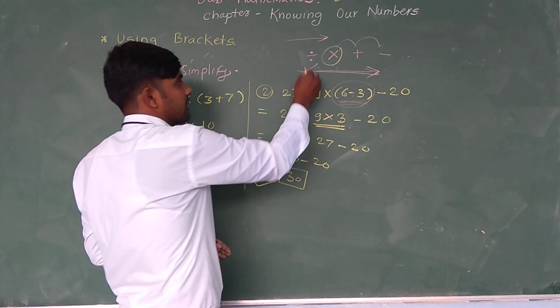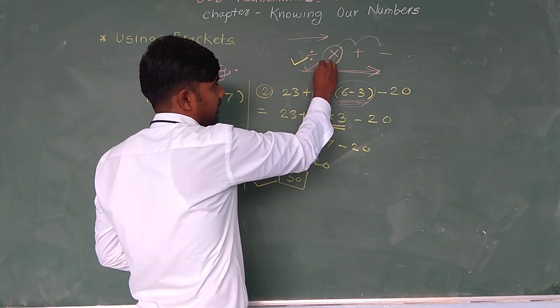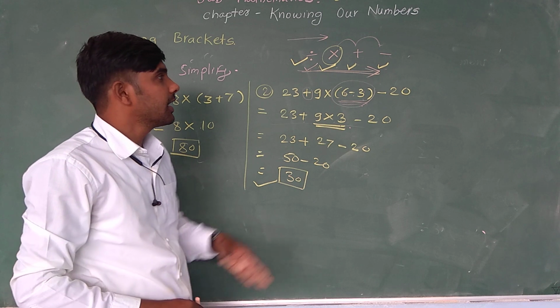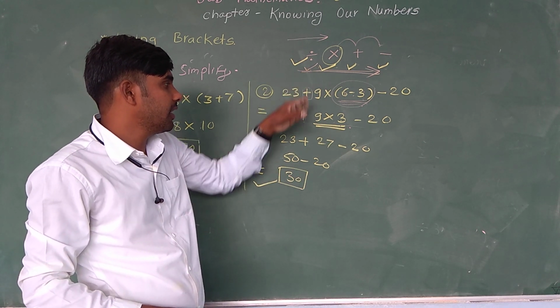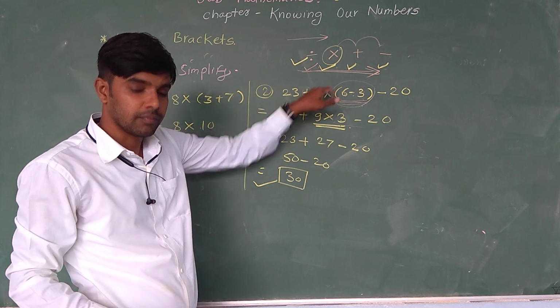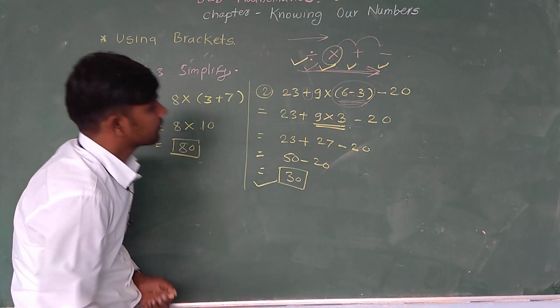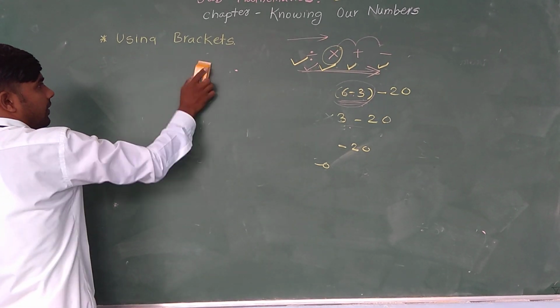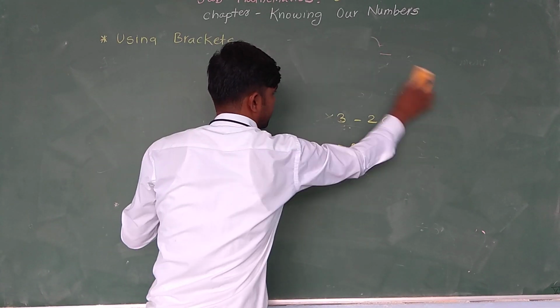So you have to first solve division, then multiplication, addition, and then subtraction. If there is no such operation in the given example, then go for the next. So these are the two examples. You have to pause the video and write down these two examples.